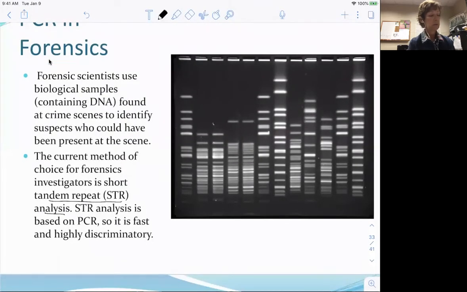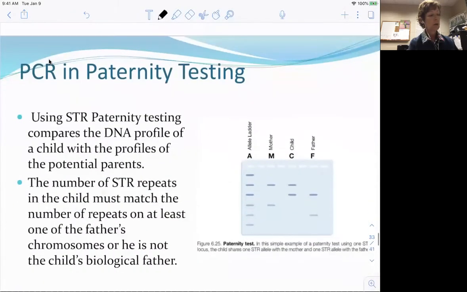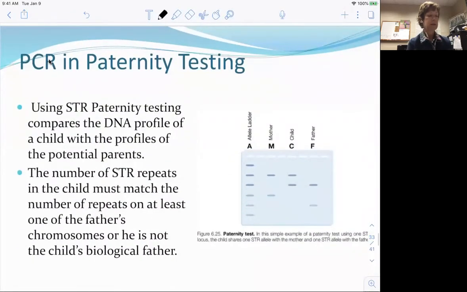And because, again, we're using PCR, you can get something that's done very quickly and also allows you to discriminate within individuals very quickly. So a quick example, using the same sort of idea, would be looking at paternity. So this represents the allele ladder. In the population, you could have a large number of repeats or a few.